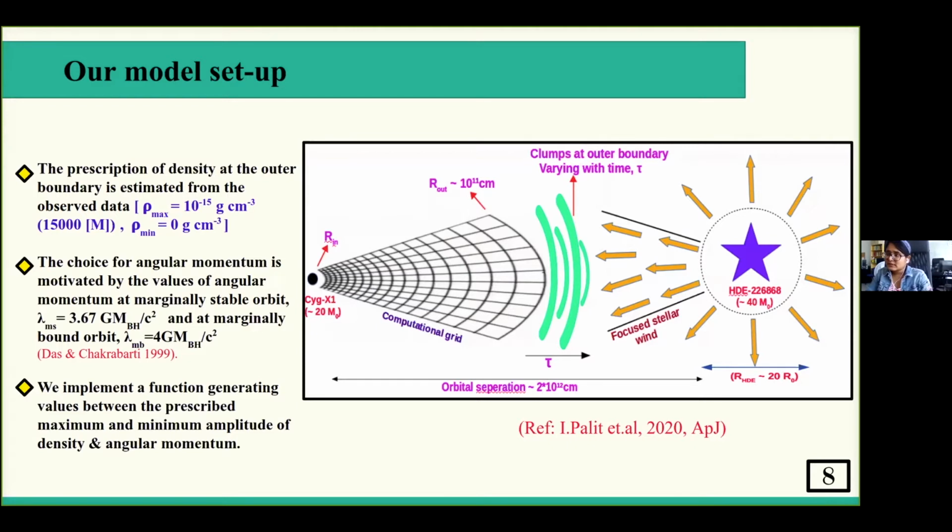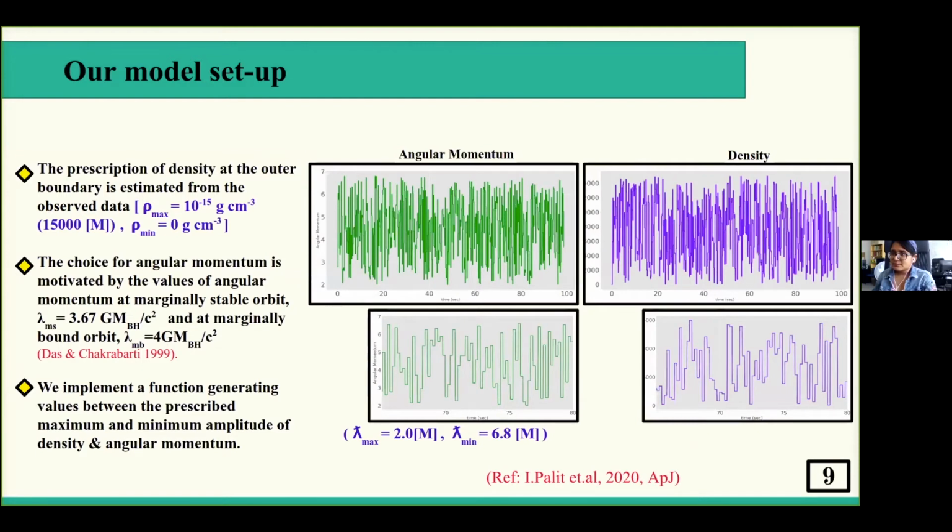These estimated values are at first converted from physical units to dimensionless code units in order to prescribe them in our simulation. The choice of maximum and minimum angular momentum is such that the matter has angular momentum adequately higher or lower than the value at the marginally stable orbit, representing very fast and very slow rotation, respectively.